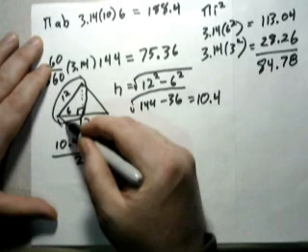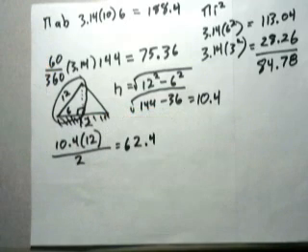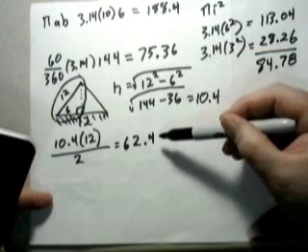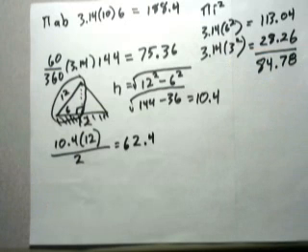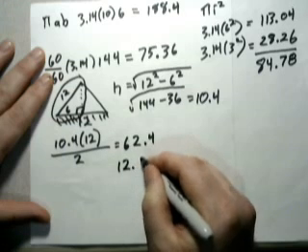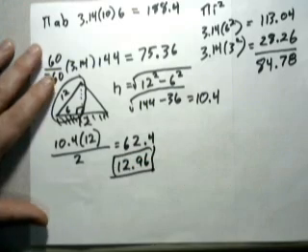And what we're looking for is the area just under the triangle, which is the segment. So I take this number and subtract this number from it. 75.36 minus 62.4 is 12.96. That is the area of that segment.